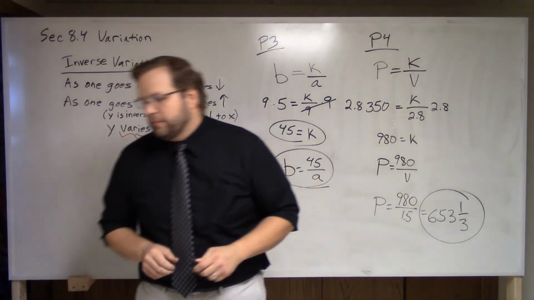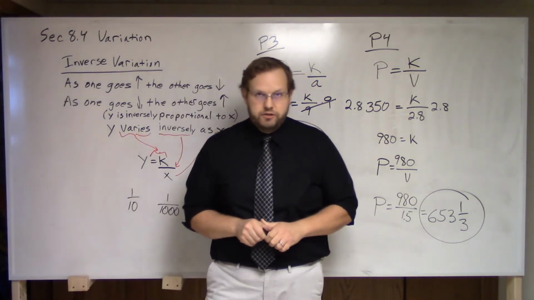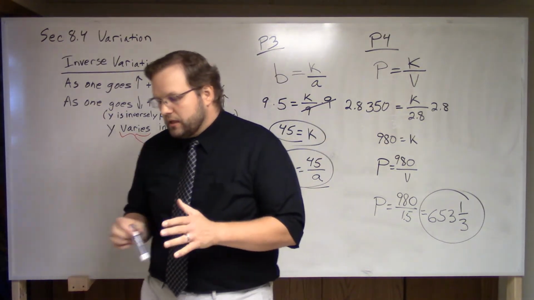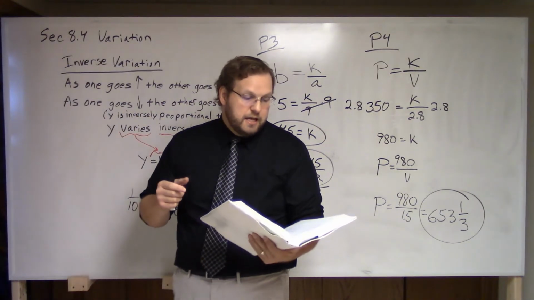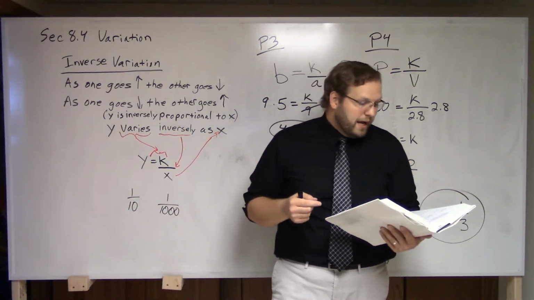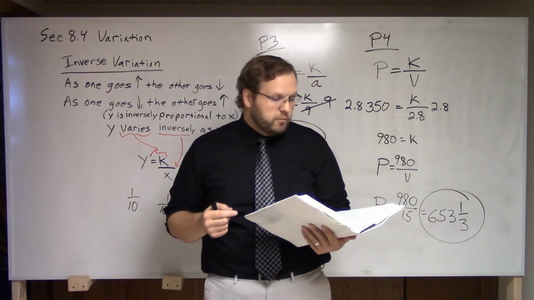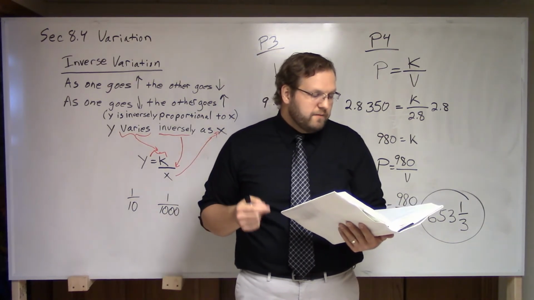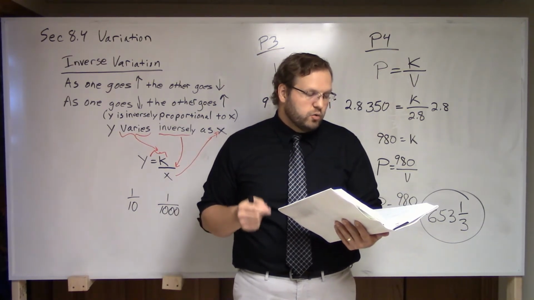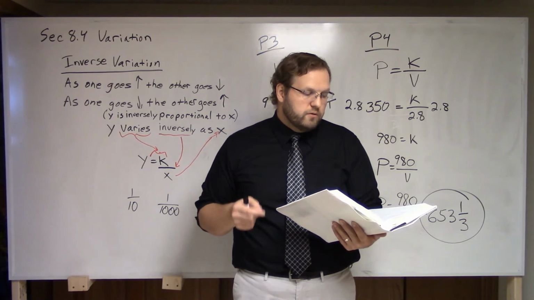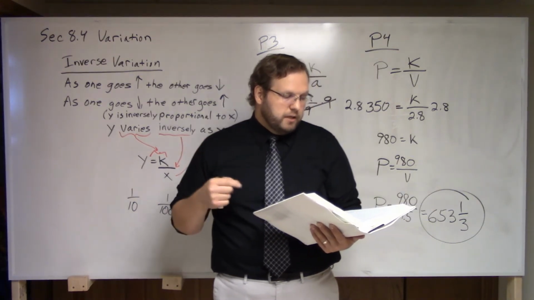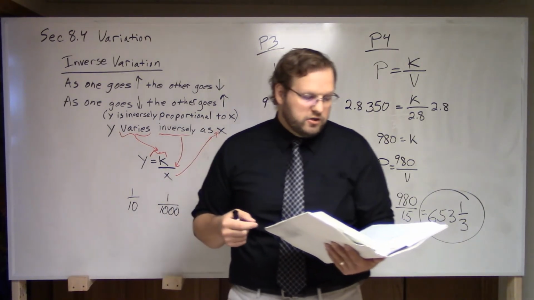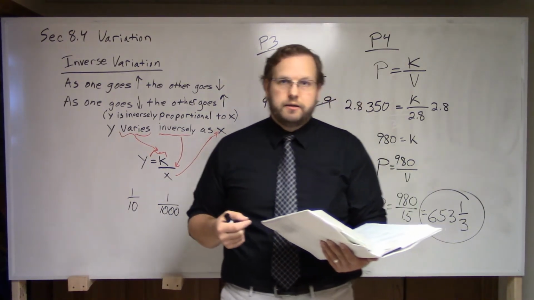Next thing they talk about is a joint variation. Let me read this description for you. This is on page 546. It says, if the ratio of a variable y to the product of two or more variables is constant, then y varies jointly as or is jointly proportional to the other variables. If y equals kxz, then the number k is the constant of variation and the constant of proportionality.